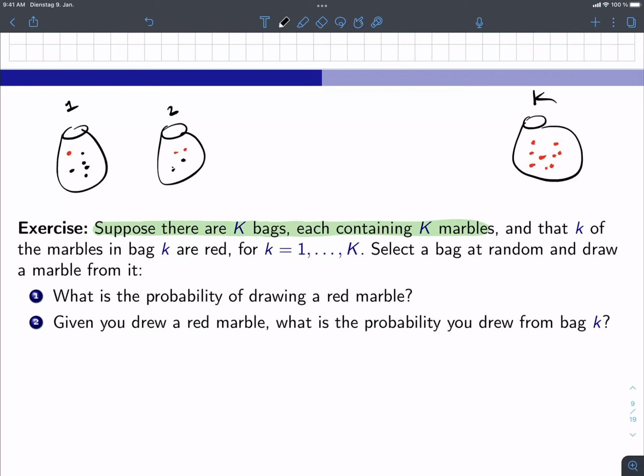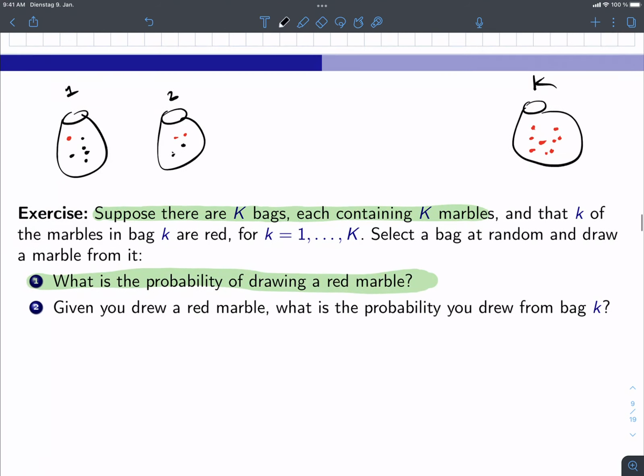And so what we're going to do is select a bag at random and draw a marble from it. And we want to know, what is the probability of drawing a red marble? Okay. So for number 1, we're actually not going to be using Bayes' rule. We're just going to be using the law of total probability.